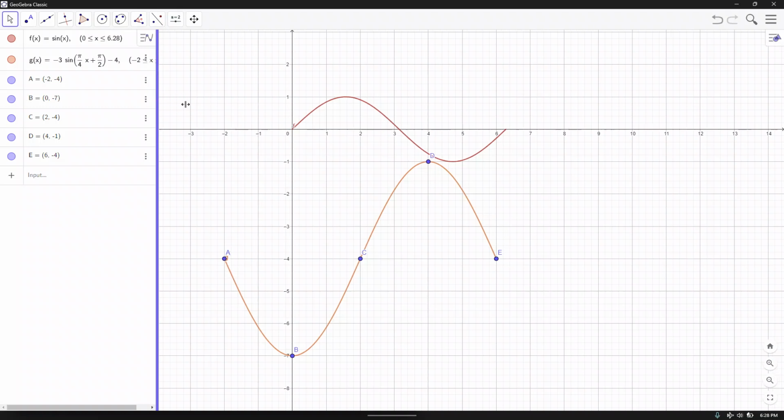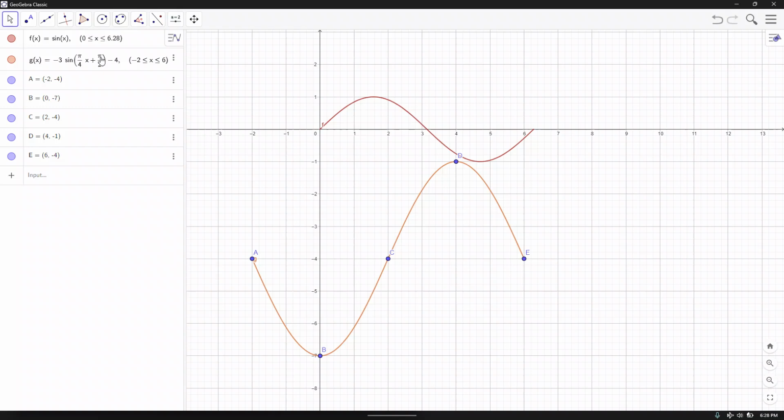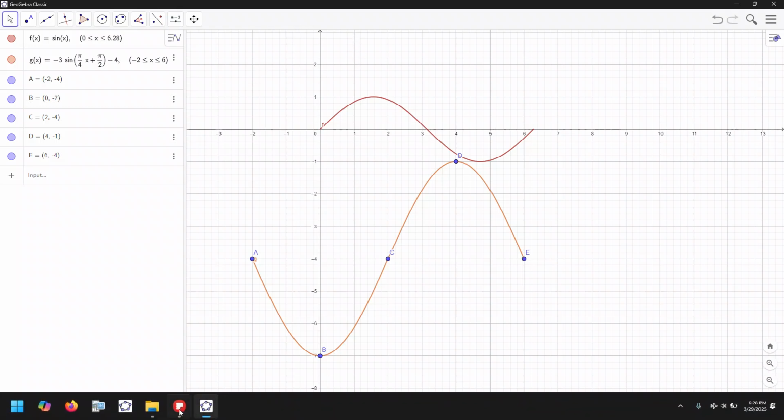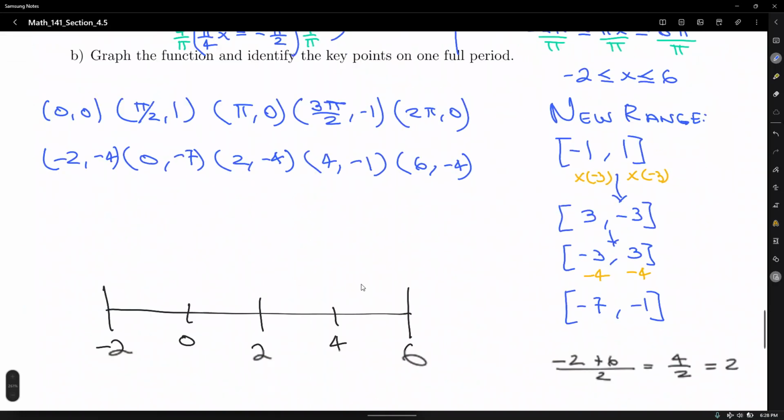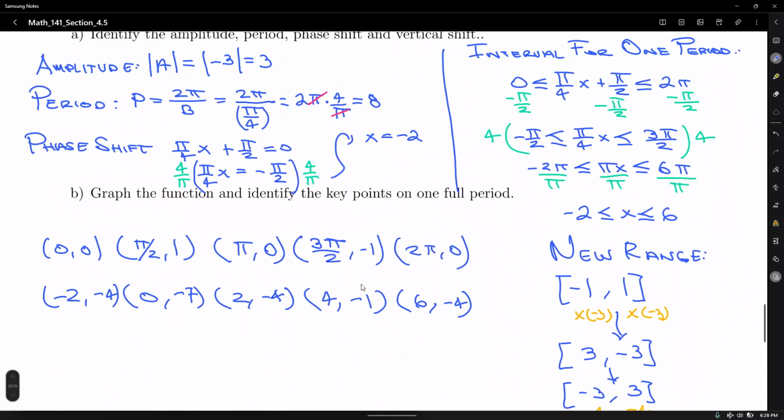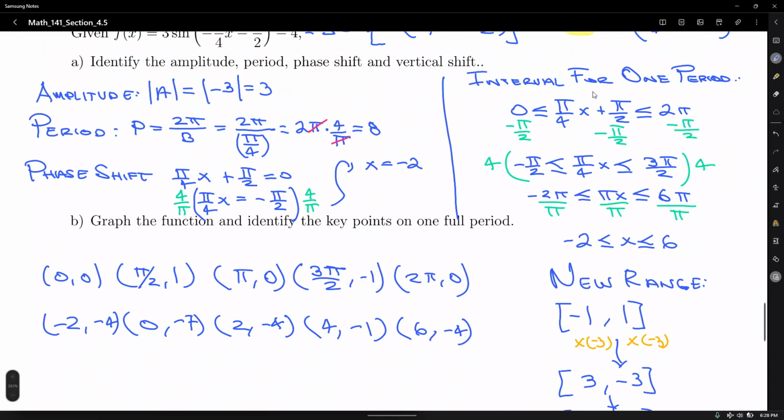When I type the function over here, which is a big typing, see the inequality for the one period between negative 2 and 6 does not involve pi's this time. And this is how we graph trigonometric functions containing all kinds of transformations. As you can see from all the work we did, it takes a good minute to get all the properties such as amplitude, period, and phase shift.